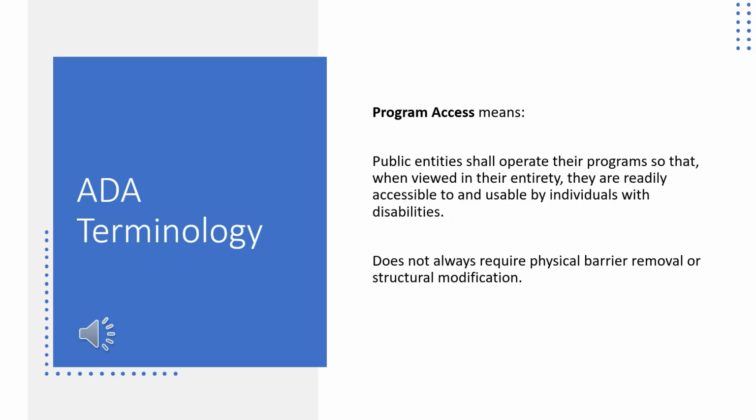Program access means that public entities must operate their programs so that when viewed in their entirety, they are readily accessible to and usable by individuals with disabilities.